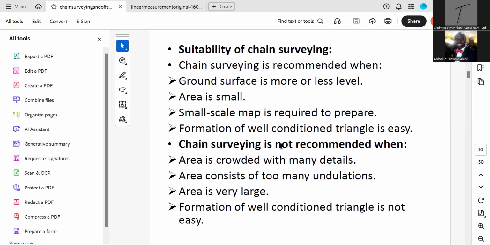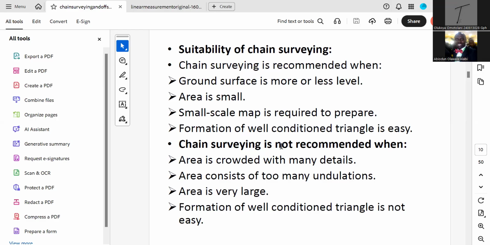Now, I've said that these triangles, you don't just draw them anyhow for the purpose of carrying out chain survey to map the area. Those triangles must follow certain conditions.